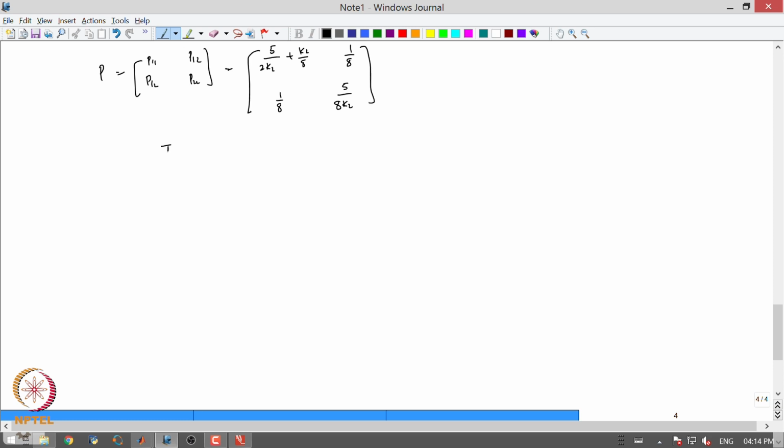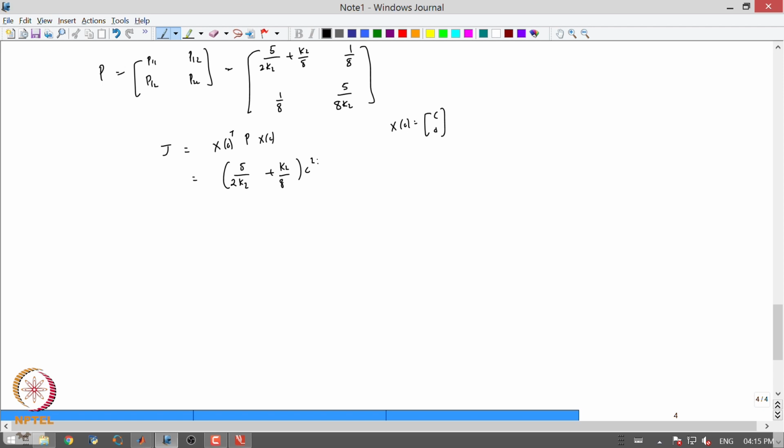The performance index J was equal to x0 transpose P x0. I substitute, where x0 was of the form c and 0, and I get 5 over twice k2 plus k2 over 8 times c square.